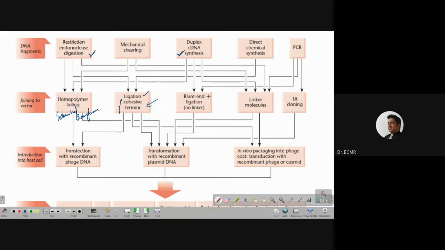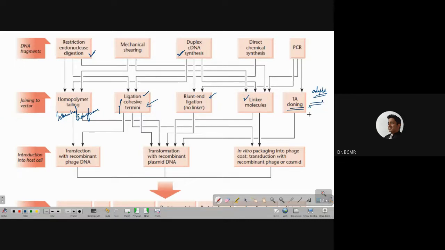Blunt end ligation can also be done, where we make blunt ends and then use those. Here are linker molecules. What is not mentioned is the adapters. They can also be used, and there is TA cloning as well. In TA cloning, Taq polymerase, when it makes PCR products, adds a single 3' adenine.